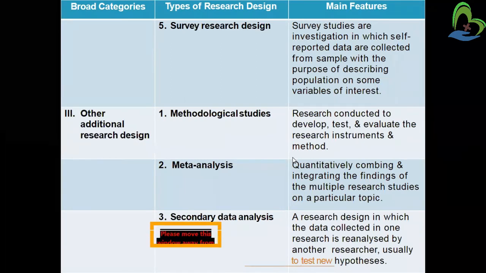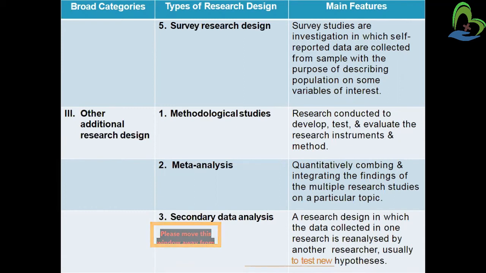So we have studied the survey research design, and lastly, other additional research designs. The methodological design is research conducted to develop a test or evaluate a research instrument and methods. Meta-analysis, the second subtype of additional research design, integrates multiple research studies on a particular topic; we combine them and study them quantitatively.